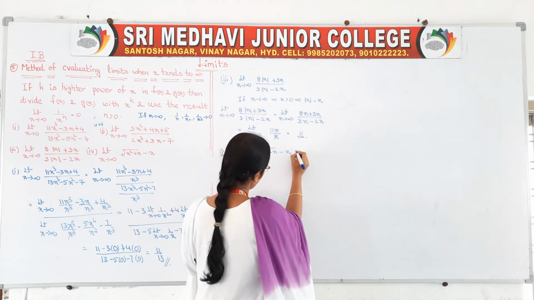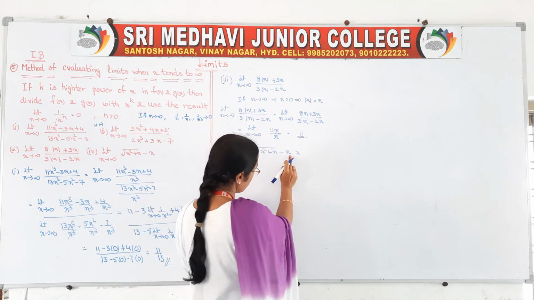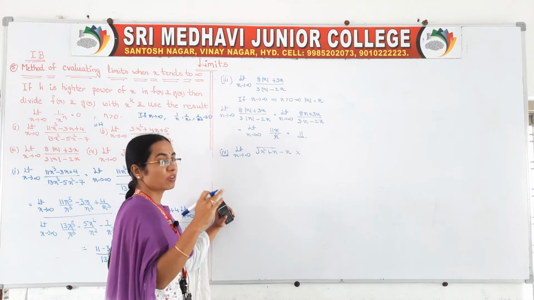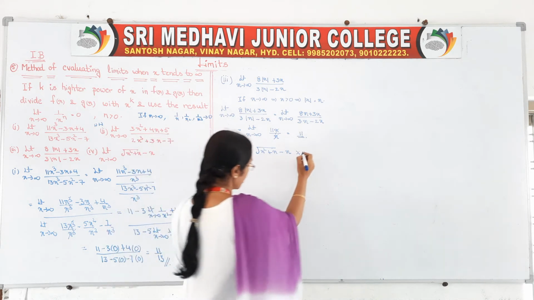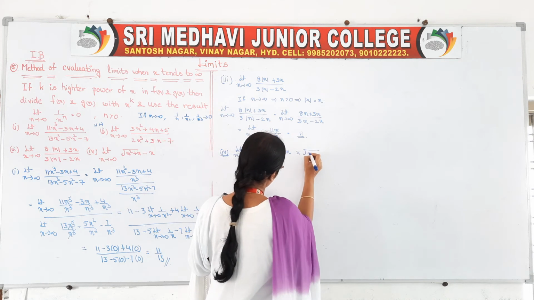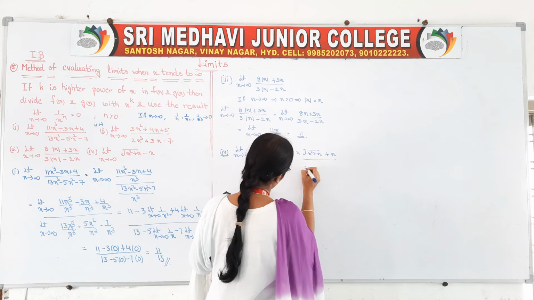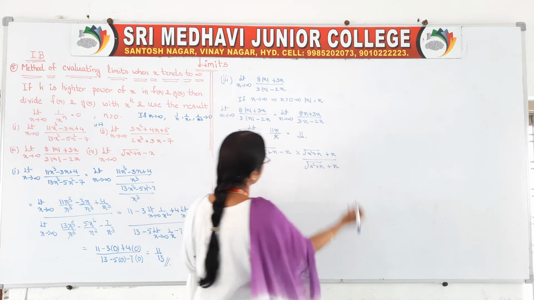What is the meaning of rationalize? If square root value minus is there, we have to multiply and divide with the square root value plus, right? So it is root of x square plus x by root of x square plus x plus x.